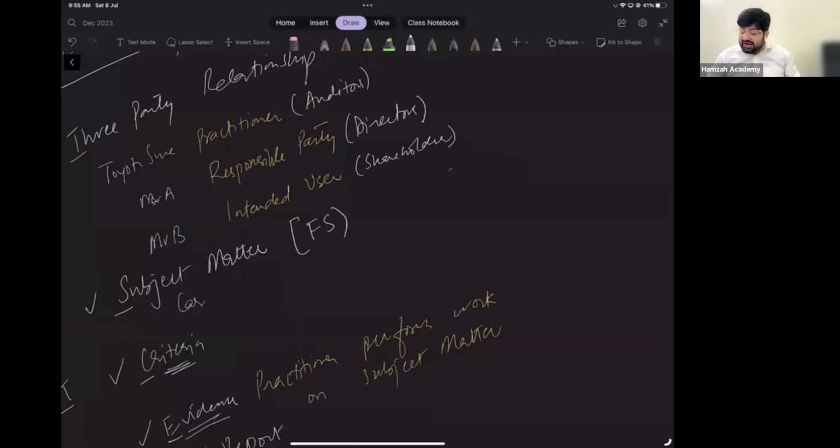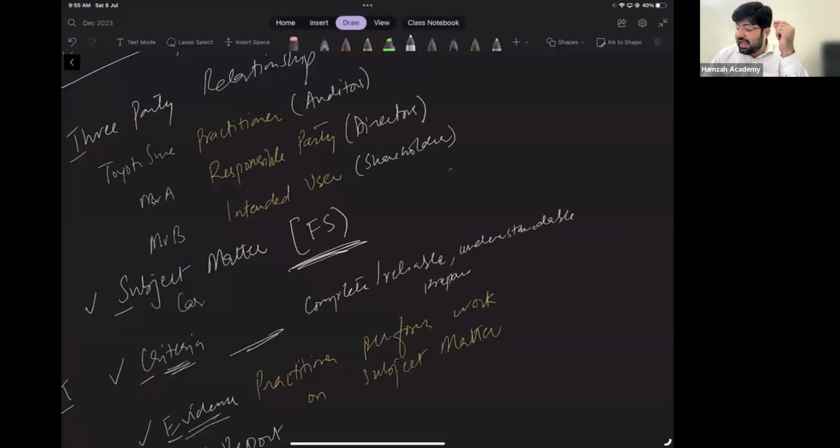So the auditor will check this data against criteria: whether it is complete, reliable financial statements, understandable, prepared as per laws and regulations.